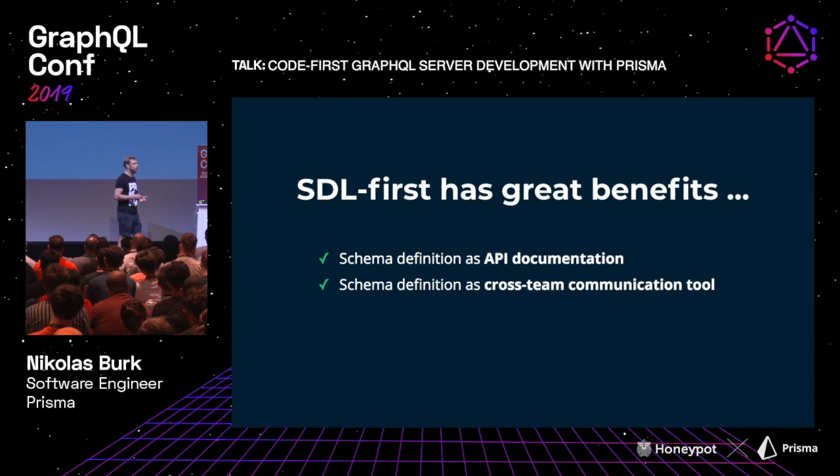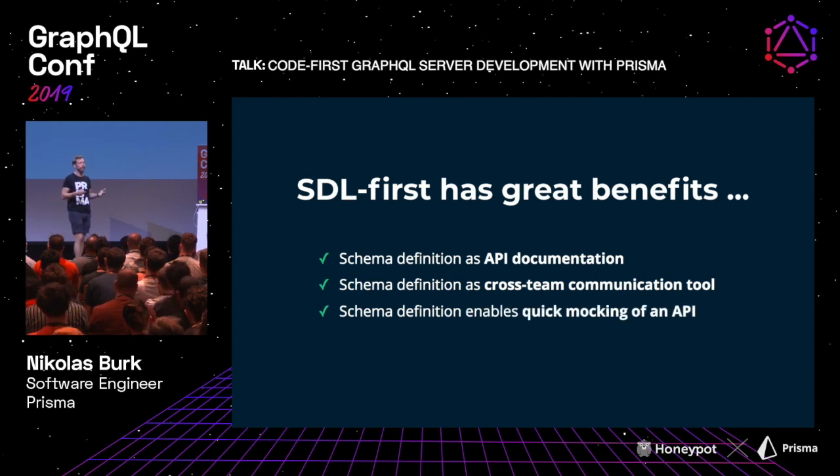Then the schema definition can also serve as a cross-team communication tool and decouple your teams. I've talked to a lot of people that have adopted GraphQL in their companies, and they say our teams don't talk to each other anymore because they have the schema as a common foundation. They don't need to talk to each other on a daily basis to communicate about different API endpoints or what kind of fields are being returned. So this really is a strong benefit of the schema definition.